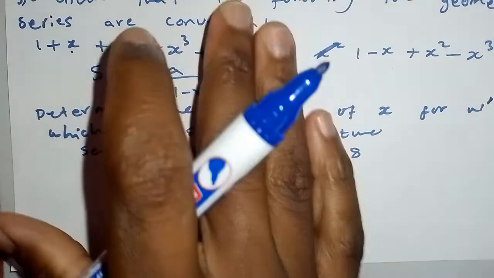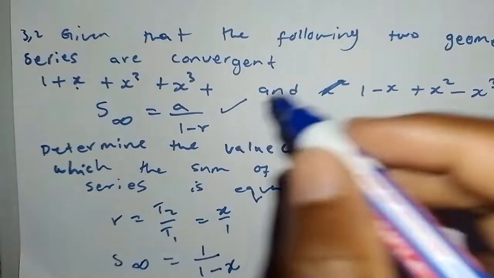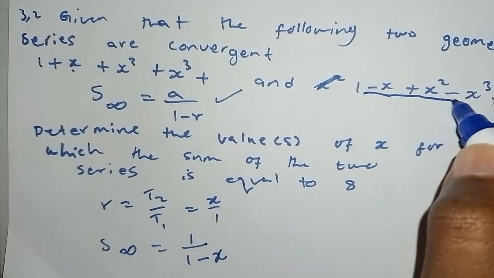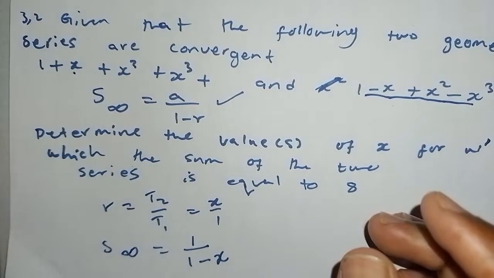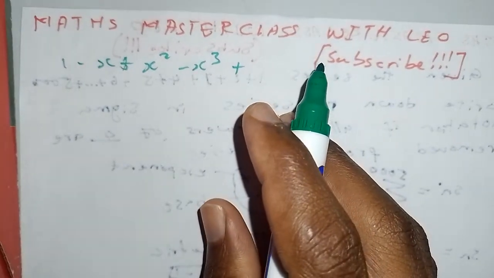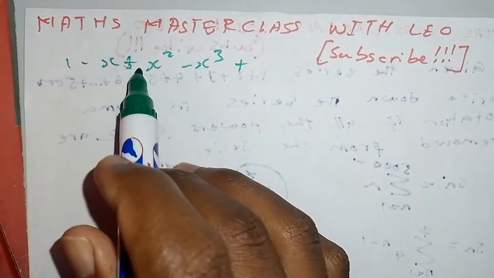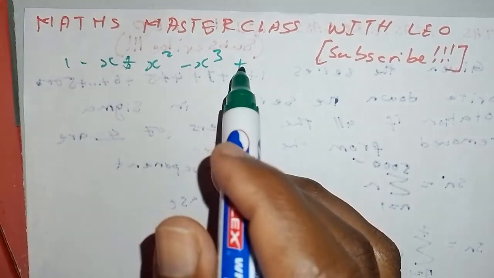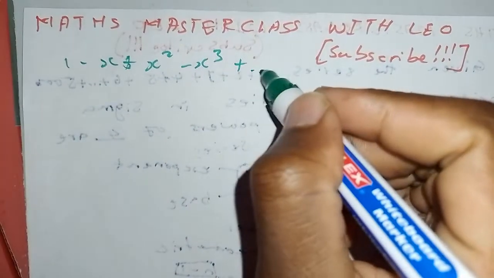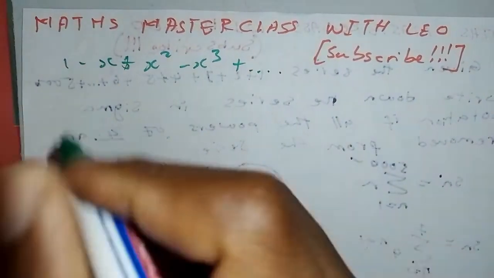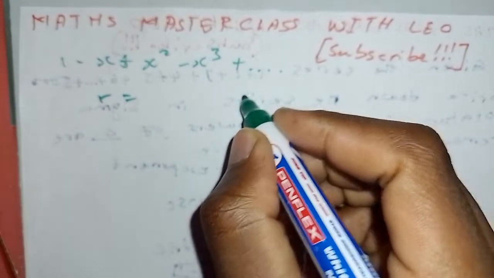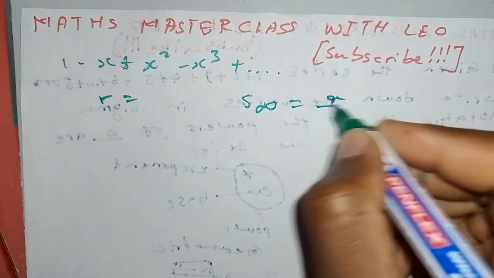Then for the second part, we're going to calculate the value of r here and then substitute it into this formula. This is the second one: 1 minus x plus x squared minus x cubed plus, and it continues, right? Remember, we need to calculate the value of r so that we can substitute it here.